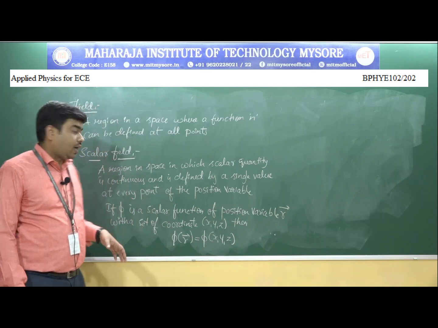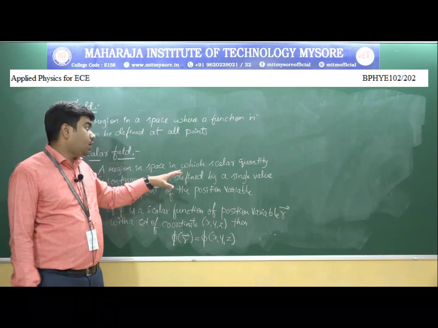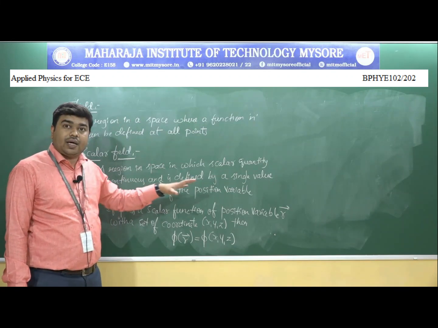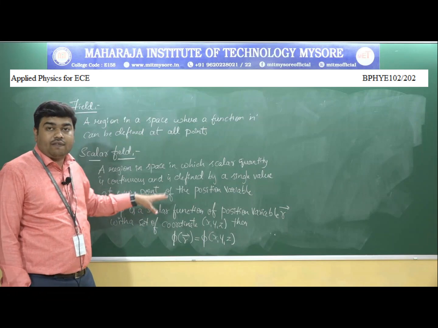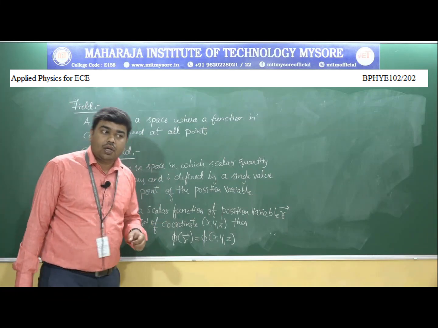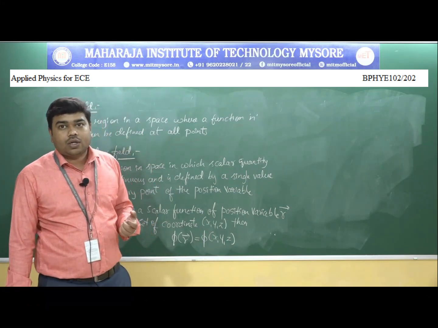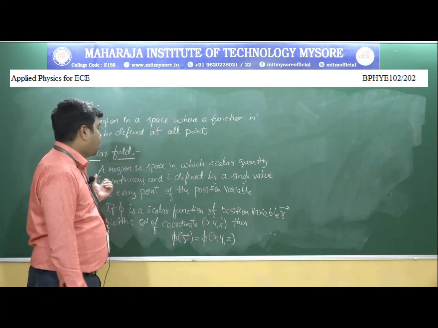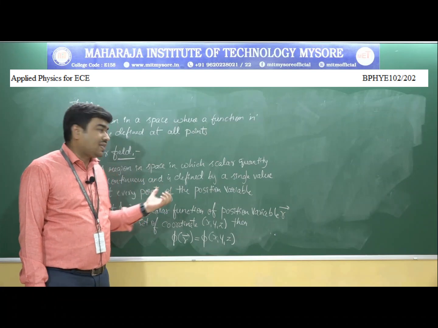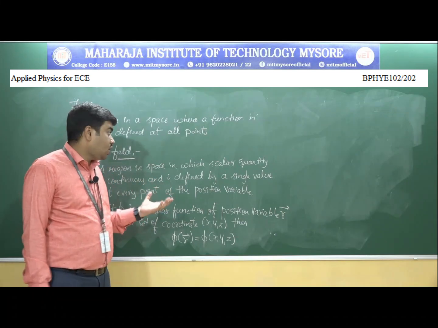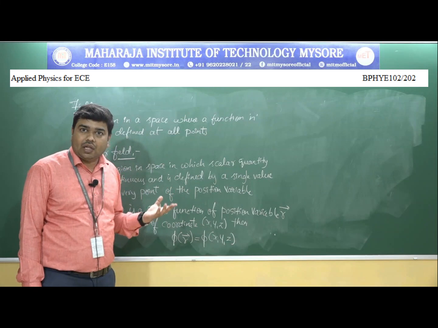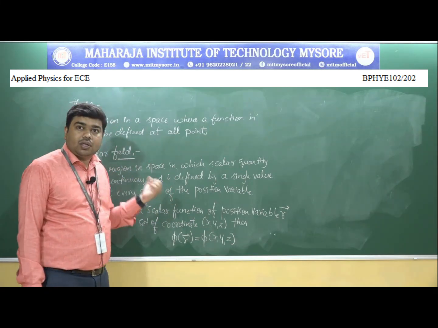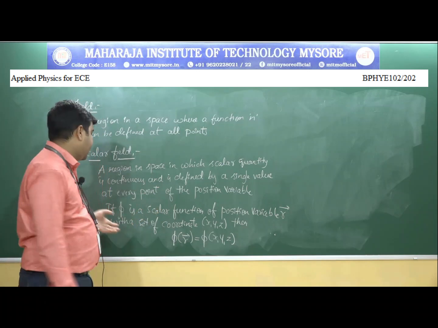A scalar field can be defined as a region in a space in which a scalar quantity is continuous and is defined by a single value at every point of the position variable. The position variable can be represented in the form of Cartesian coordinates as x, y, z. I repeat, a region in a space in which a scalar quantity is continuous and can be defined by a single value at every point in the position variable, then it is called a scalar field.